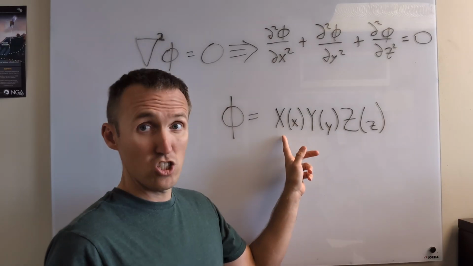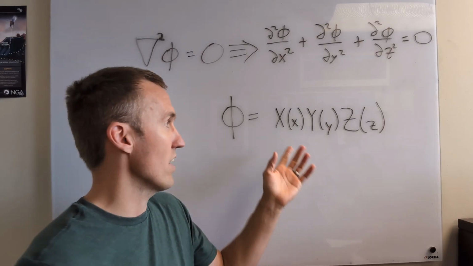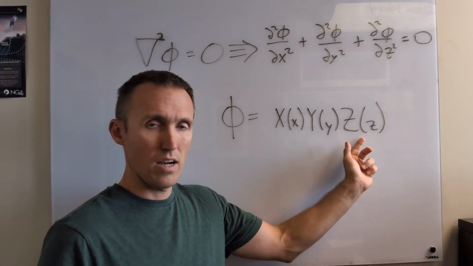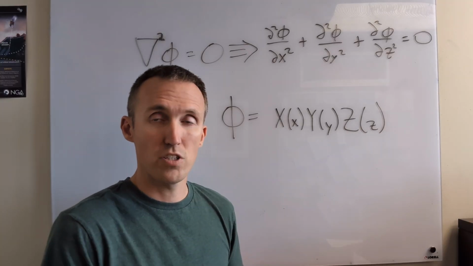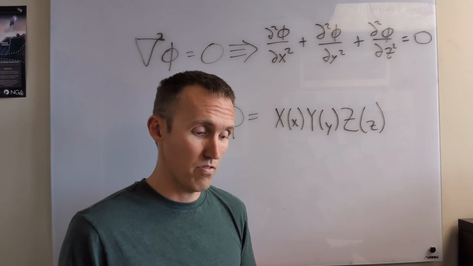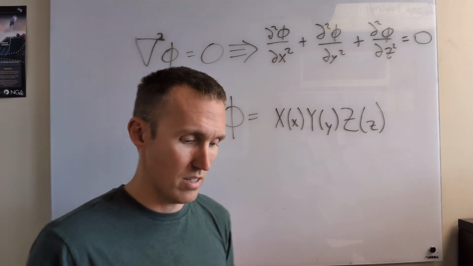We have a function of x, and we use capital X, but it's just some function of x, times some function of y times some function of z. So this is called separation of variables. We're going to assume that our function phi can be written in this way, and then we just have to figure out what X, Y, and Z are.